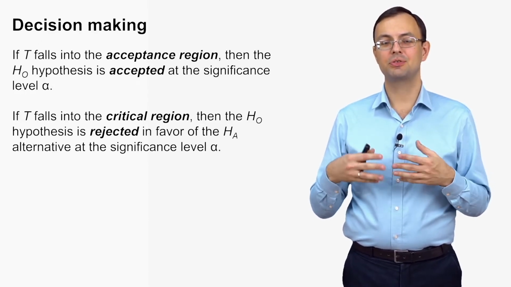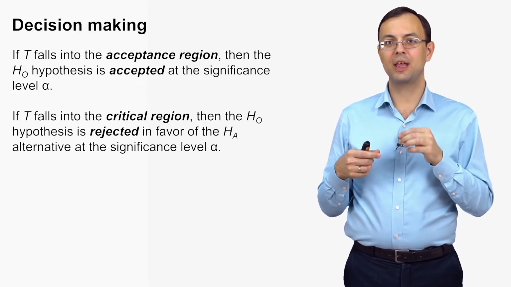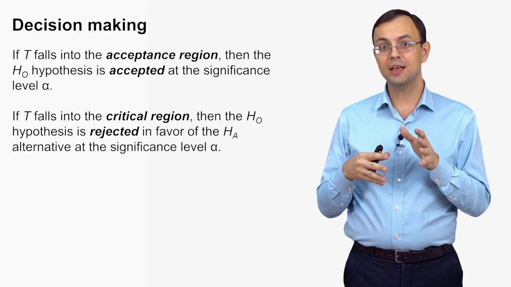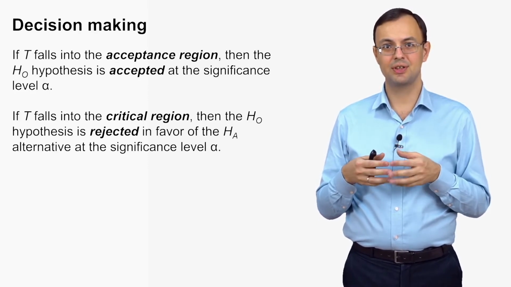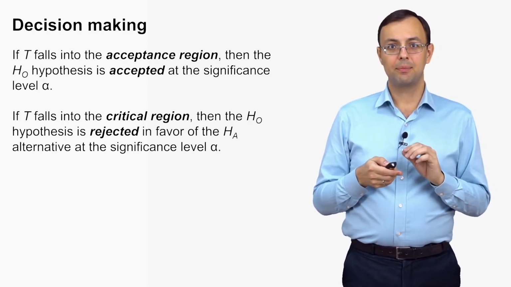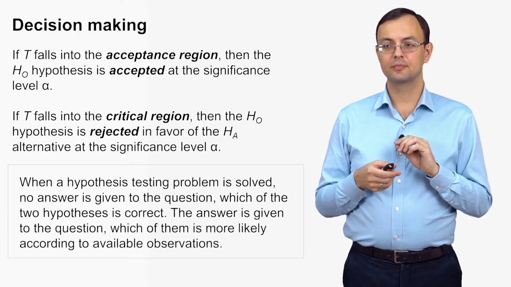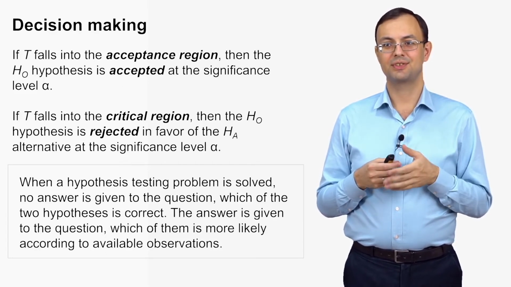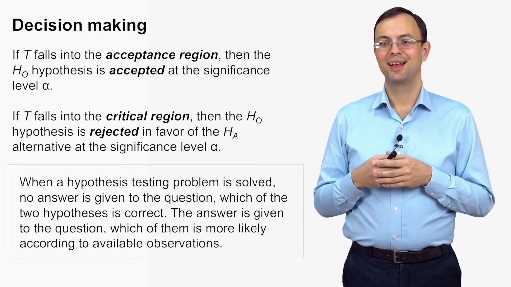Maybe it's better to say we're giving an answer to the question: are these observations we have in favor of the null hypothesis or in favor of the alternative one? This is the point. This is just what I have just told you.